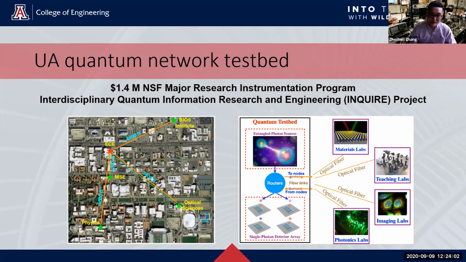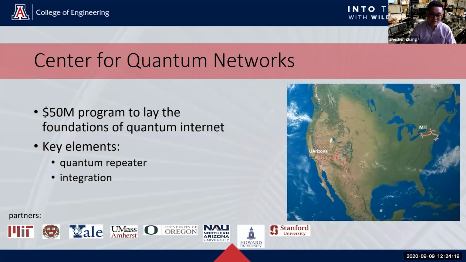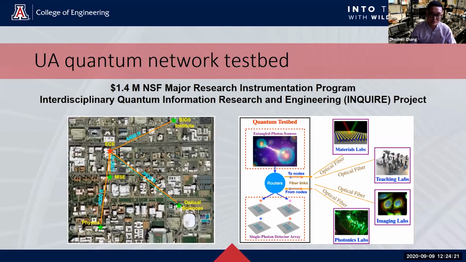They can use entangled photons in their own experiments to advance their own disciplines, and they can also send photons back to the ECE central hub to access the single photon detector capabilities. This is called the Interdisciplinary Quantum Information Research and Engineering Project, or INQUIRE for short.